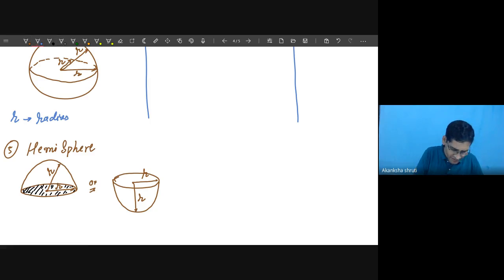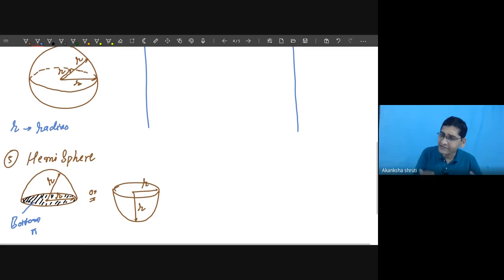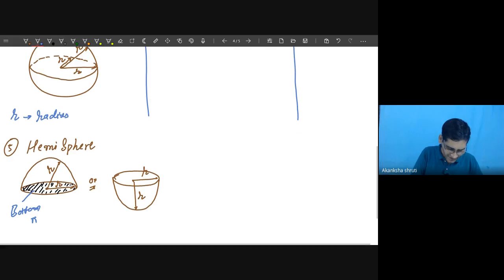So this is the bottom. Its area can be obtained by, since it is a circle with the same radius, because it is exactly divided into two like the diameter, pi r square.